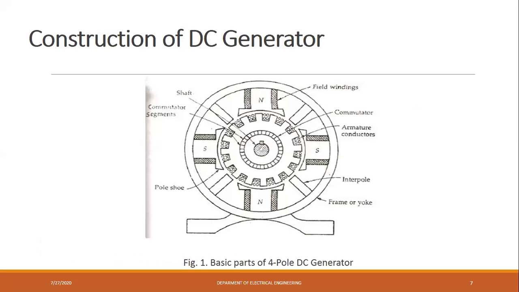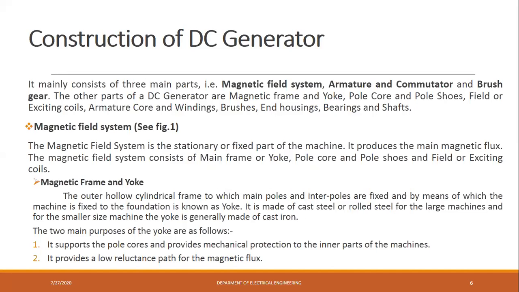Again, that magnetic field system consists of the stationary part, that is the fixed part, which is nothing but the magnetic field system. What is the aim or working of that field system? To provide the main magnetic fluxes. Again, in that system there is a main frame or yoke, pole core, pole shoes, field windings; all these parts come under the magnetic field system.